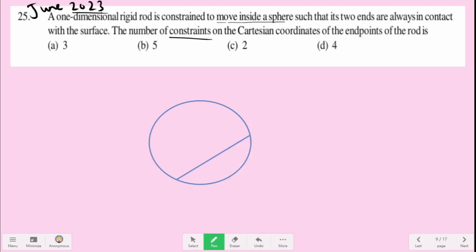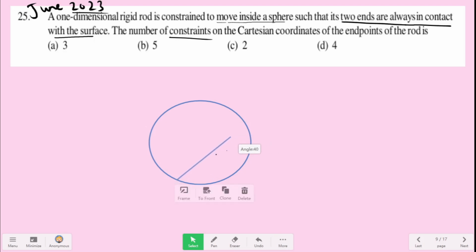The rod is rigid, and it is said that its two ends are always in contact with the surface. So at no point in time will it be like this. Always its end will touch the surface. Both ends will touch the surface.